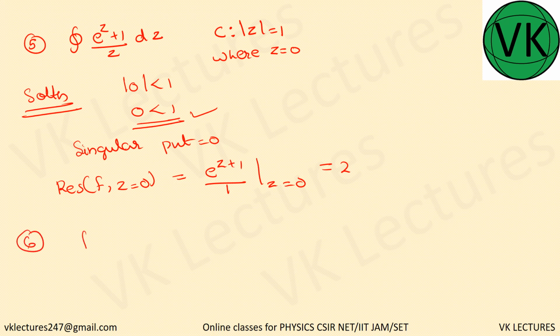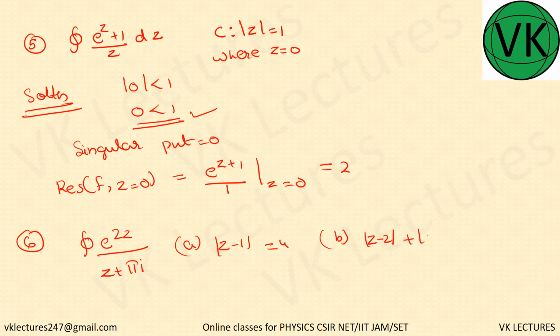Next question: the integral of e raised to 2z divided by z plus pi i. Evaluate at A, |z - 1| = 4, and B, |z - 2| + |z + 2| = 6. Solution: z plus pi i is equal to 0, which means z = -pi i.